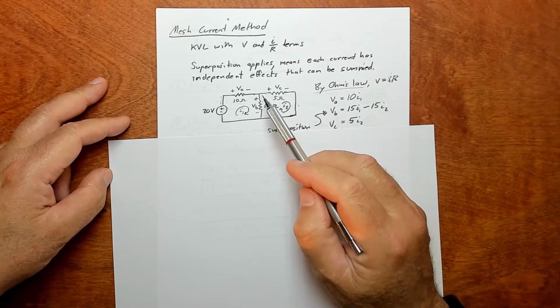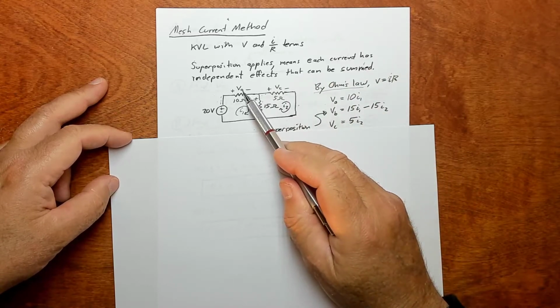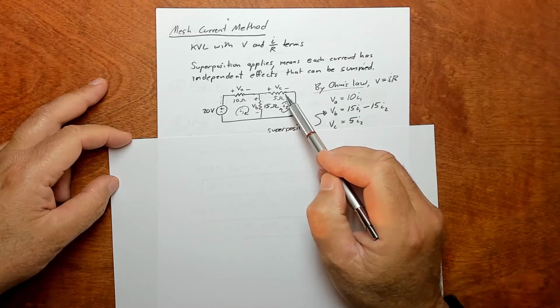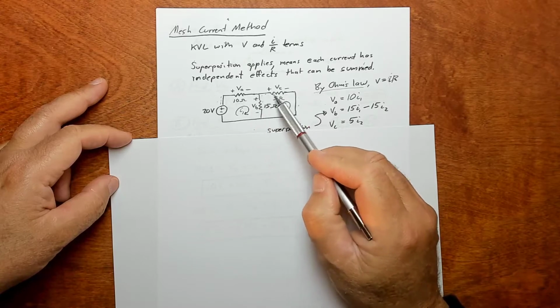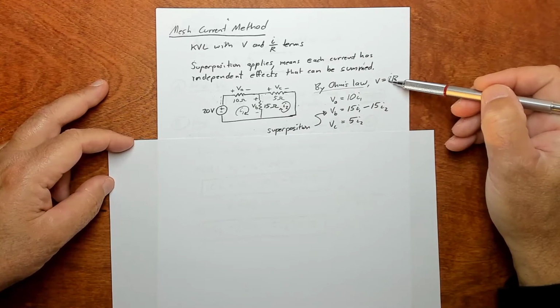So you get that all set up. Then we could label the voltage across the 10 ohm, the voltage across the 5 ohm, as VA, VB, and VC, and we could come up with expressions for those by Ohm's law.